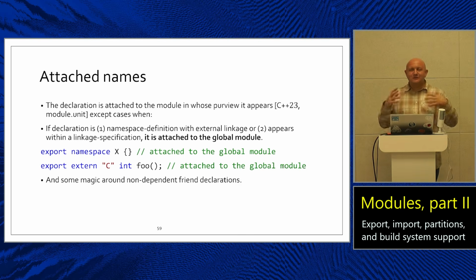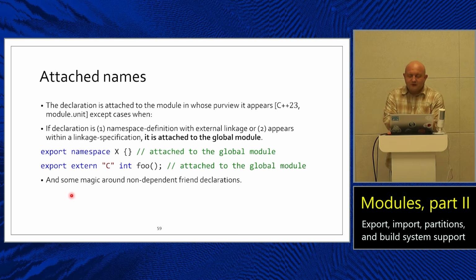And attached to the global module means you may reopen namespaces module to module. The same applies to declarations inside linkage specifications like extern C. They also attach to the global module. And of course, that's exactly why export static isn't allowed. There's also some special handling for friend declarations, but that's a story for another day.